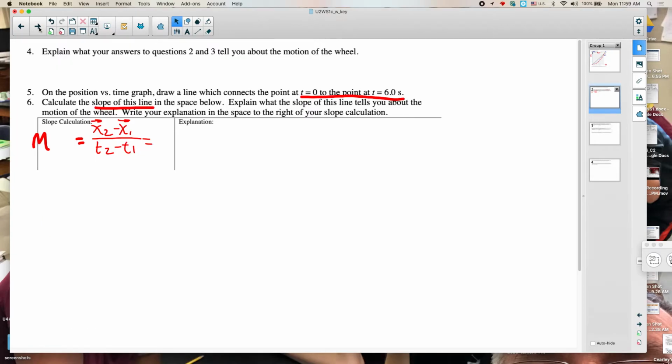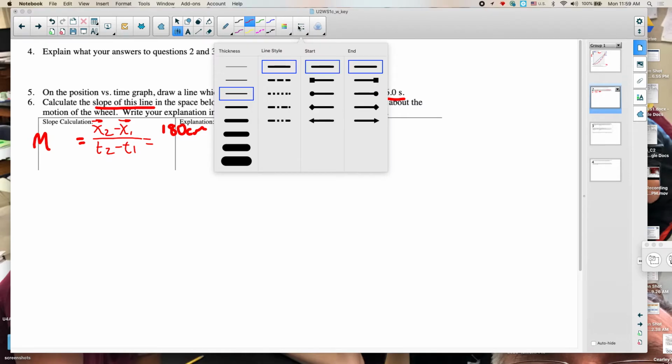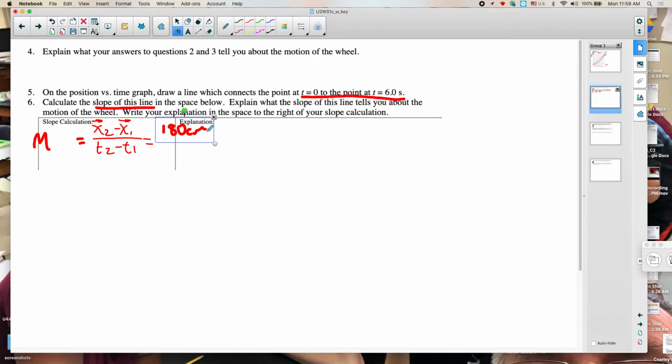So calculating the slope of that. Well, our second position in that case, 180 centimeters, minus our starting position, which is 0 centimeters. Our change in time for this one is 6 seconds minus 0 seconds. So it's 180 centimeters divided by 6 seconds, which equals 30 centimeters per second.